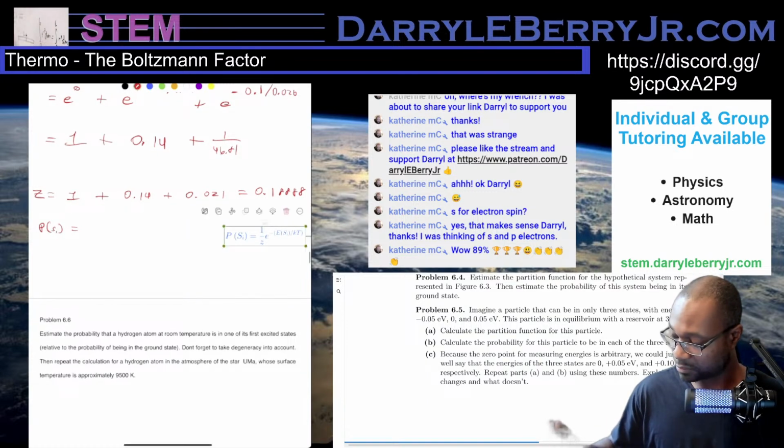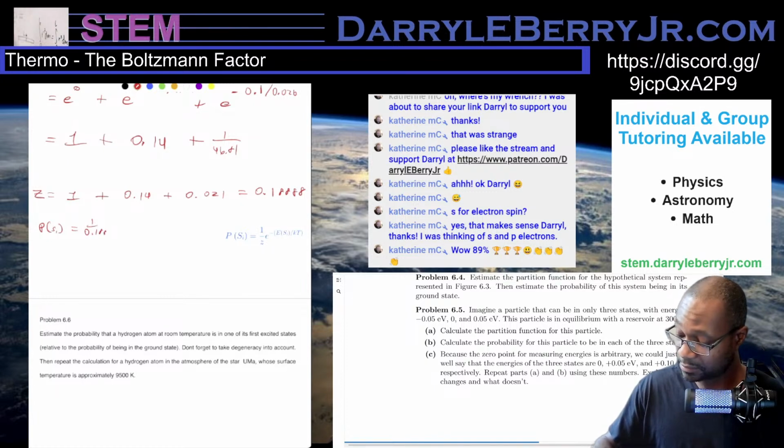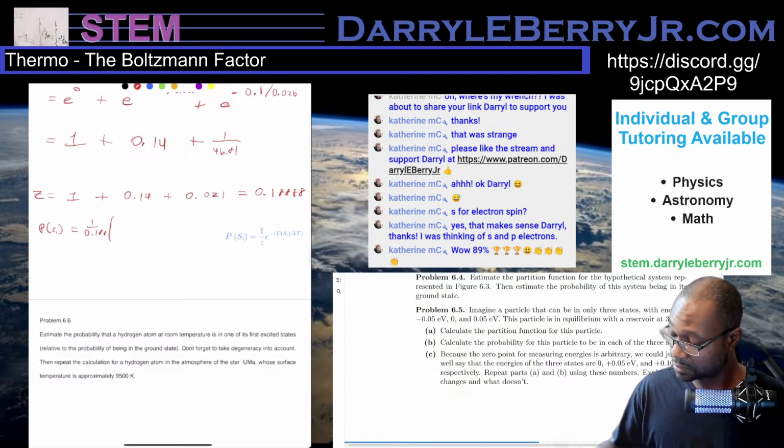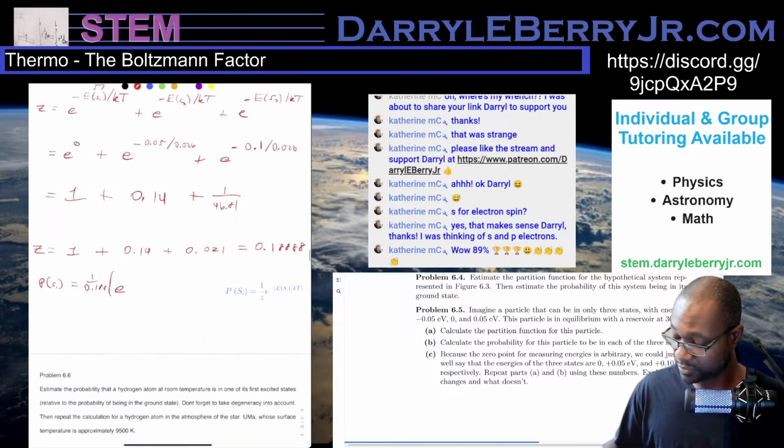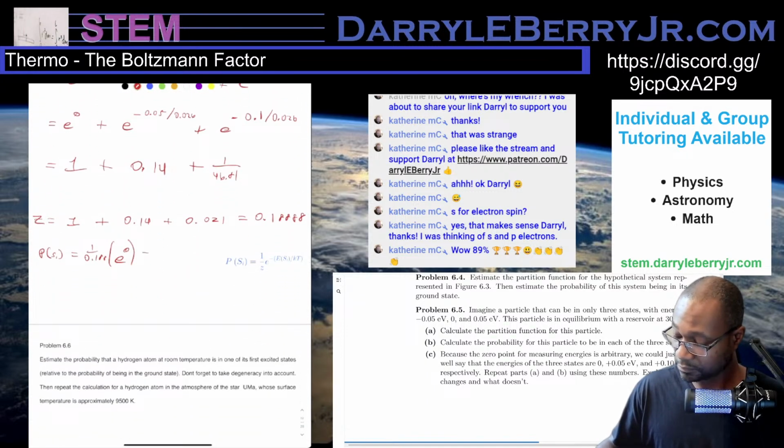That's a probability 1 over z. So that's 1 over 0.188 times e to the, so I'm doing the energy of state 1. So that's e to the 0. So that's going to be 1 over, I can just calculate that.